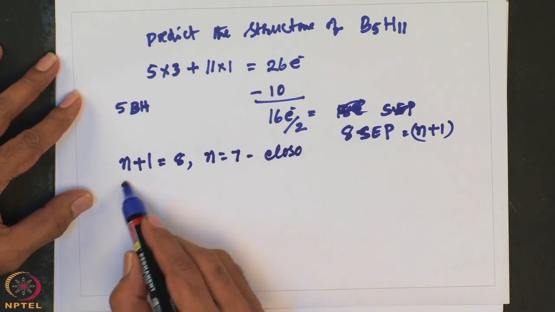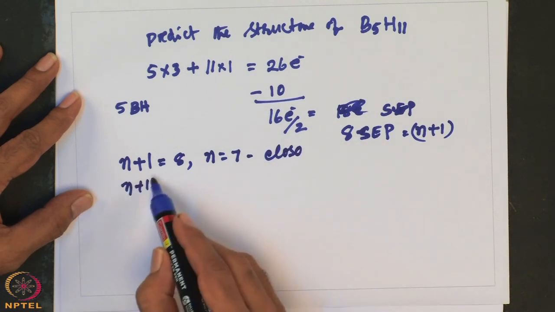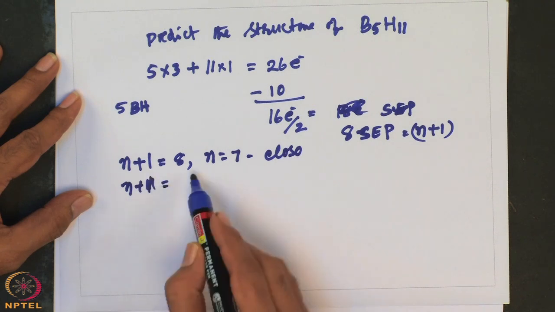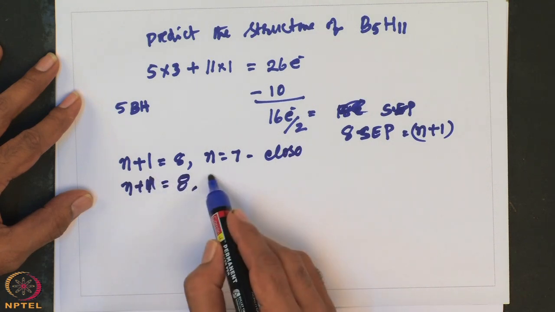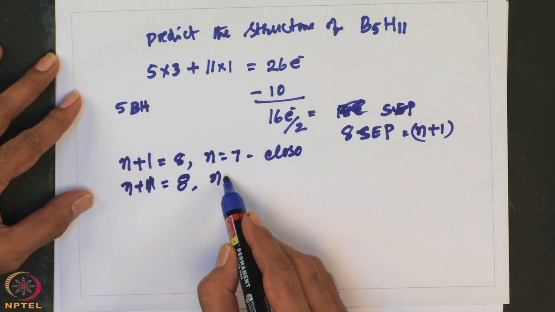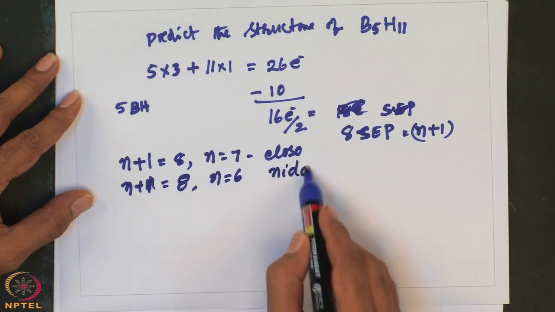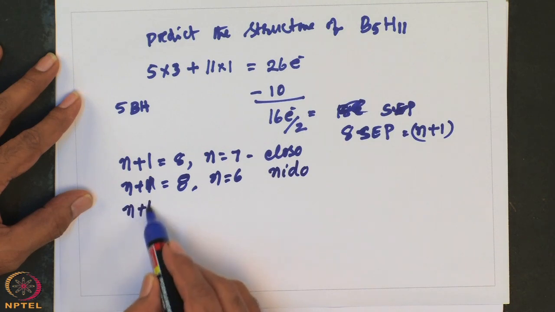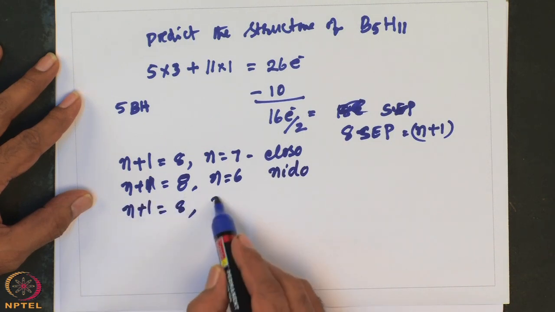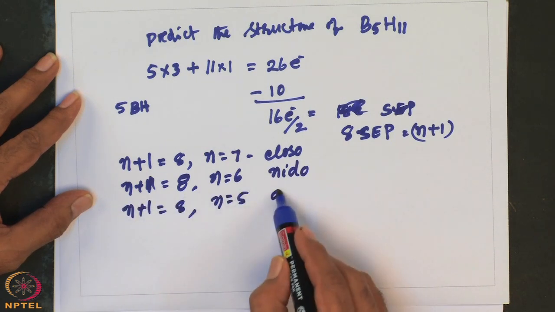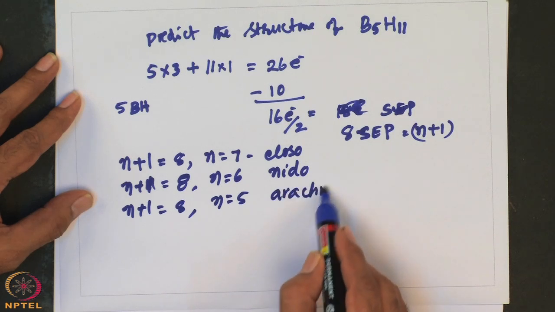If n plus 1 equals 8, n equals 7, it should be closo. If n plus 2 equals 8, n equals 6, it is nido. If n plus 3 equals 8, n equals 5, it is arachno.